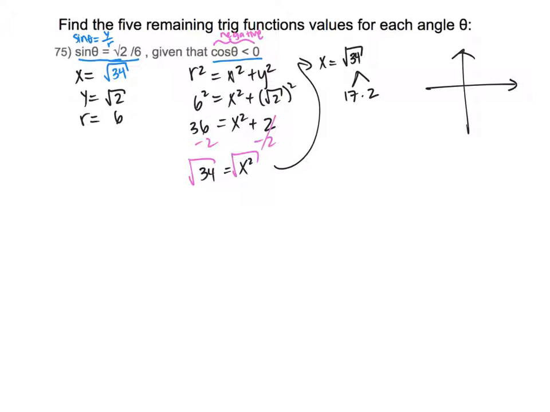So if we go back to that acronym, all students take calculus, this here qualifies for sine, tangent, and cosine. And then the reciprocal is going to be secant, cotangent, and cosecant. So on this quadrant, I'm showing you what ones are positive. So second, third, and fourth.